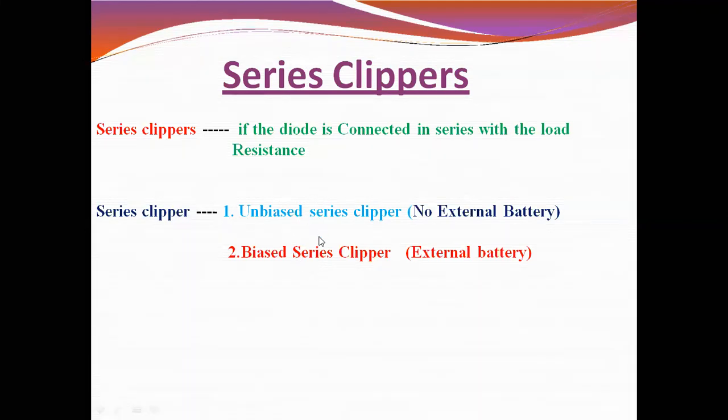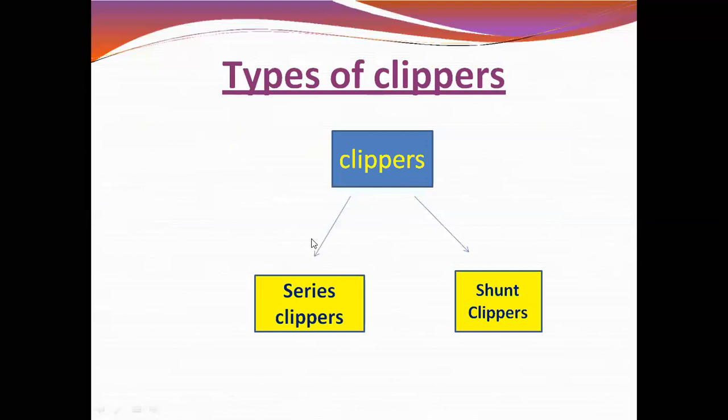These I will discuss later. So in the series clipper, the diode is connected to the load resistance in series. While coming to the shunt clipper, the diode is connected to the load resistance in parallel.